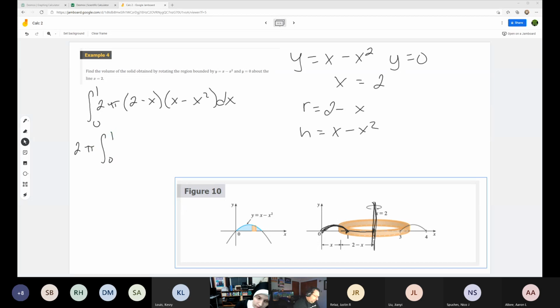Then we're going to FOIL this out, and we get x to the third minus 3x squared plus 2x dx. So 2 pi times x to the fourth over 4, minus 3x to the third over 3, plus 2x squared over 2, from 0 to 1.